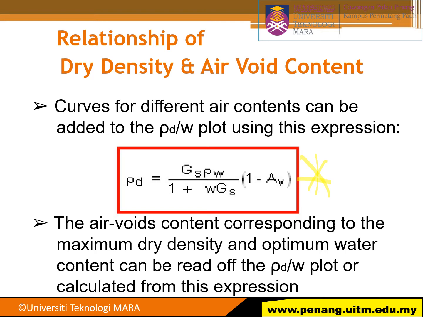Av is air void, Gs is the specific gravity, w is moisture content, the percentage of water content, and rho water is the density of water. So you have to calculate the rho dry, right? The air void content corresponding to the maximum dry density and optimum water content can be read off the rho dry over w plot or calculated from this expression.